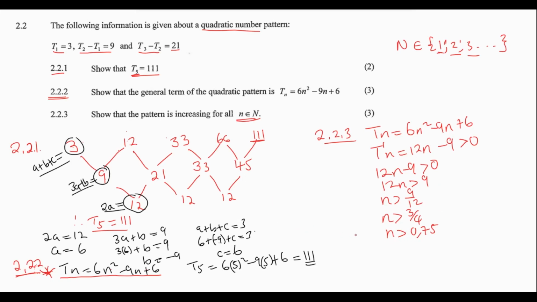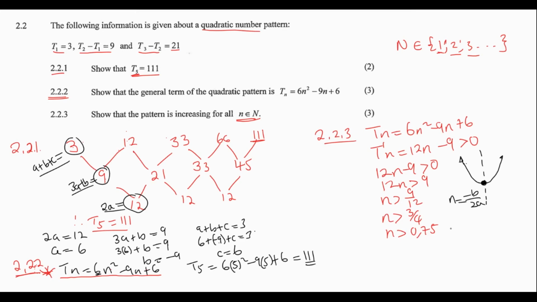The other thing we can do is to say that this is parabolic, isn't it? This is parabolic, and since a is positive, it means it's concave up like this. So it has a minimum value. Let's use the axis of symmetry. So we can use n is equal to negative b over 2a.